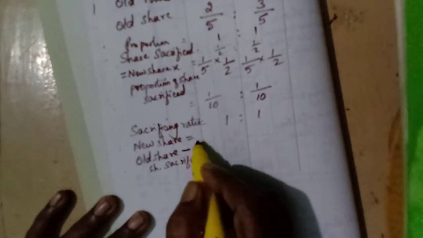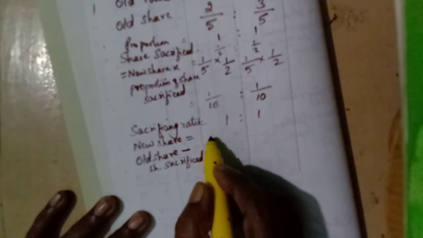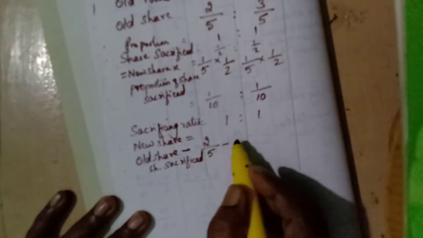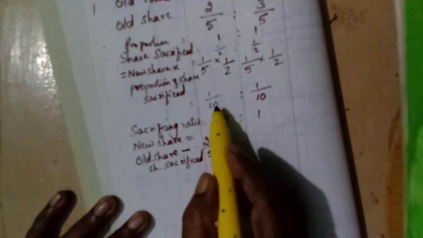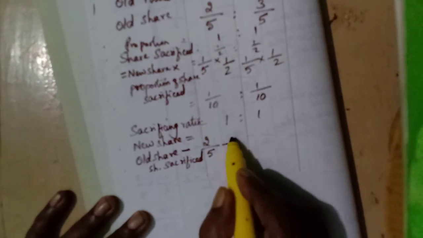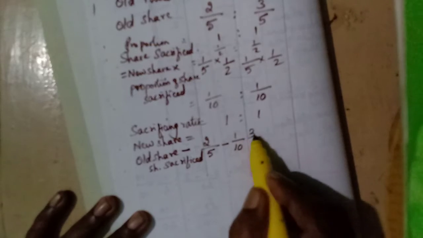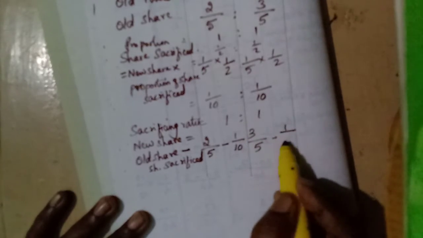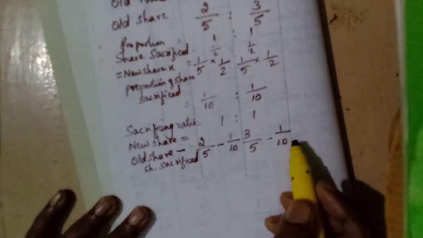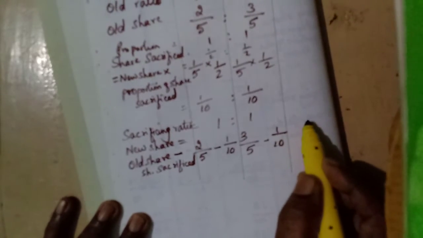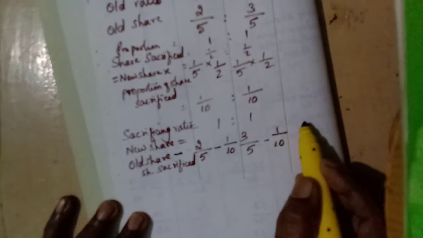What is the old share? 2 by 5 minus share sacrificed 1 by 10. Here the old share is 3 by 5, share sacrificed 1 by 10. Then Siva's share is 1 by 5.